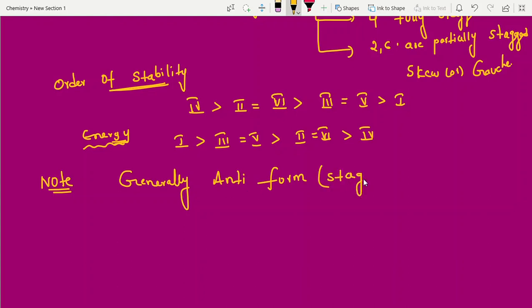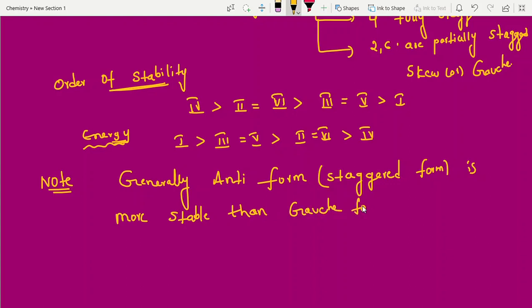Staggered form is more stable than Gaussian form, right? But some special cases we have, students. In some special cases, what happens? Skew form is more stable. I'll write the points now. Generally anti form, staggered form is more stable than Gaussian form.